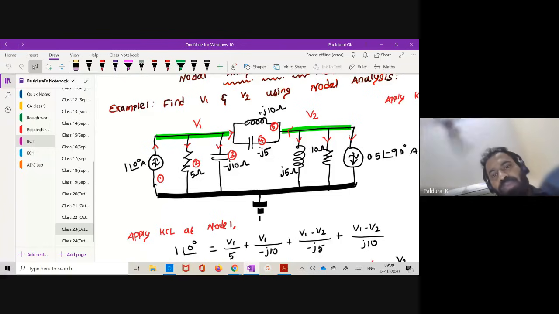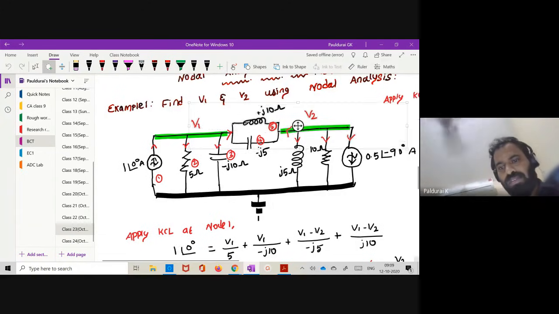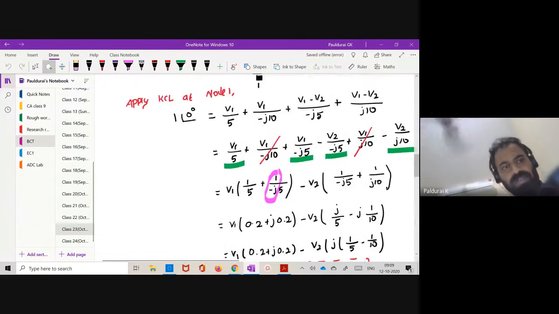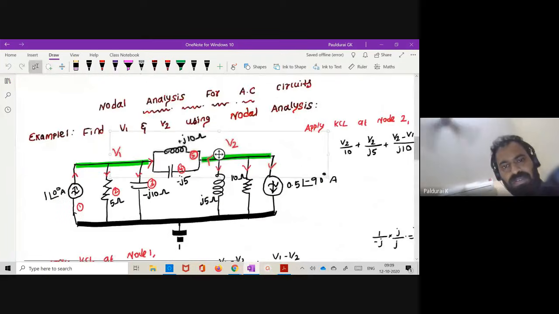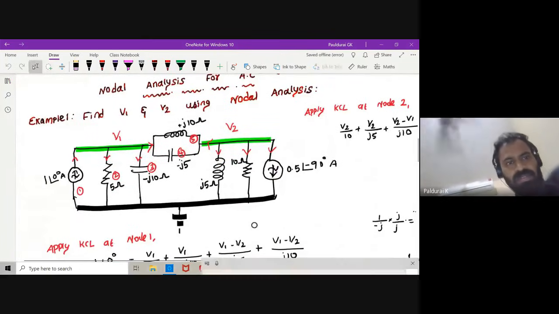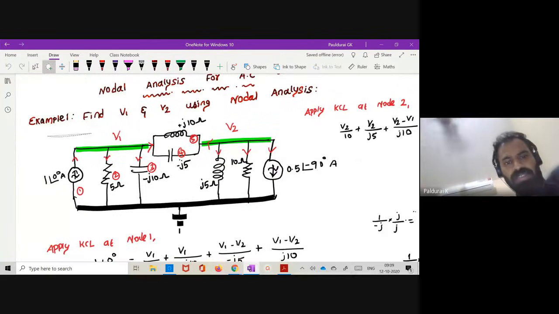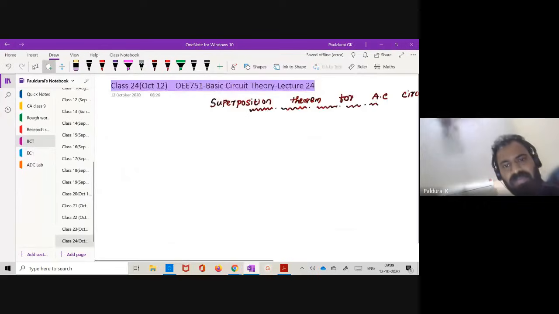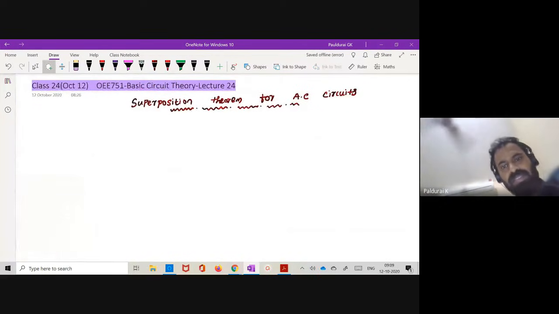Use superposition to find V1 for the following circuit, and this is my circuit. So let me copy this. You guys please draw this diagram. So copy, and I am pasting it here.